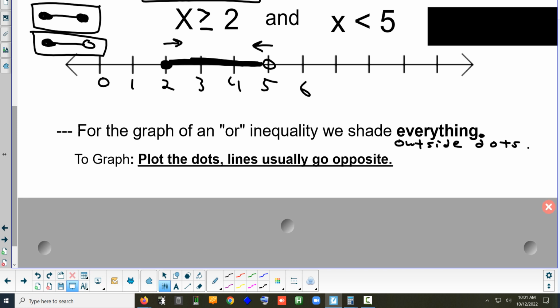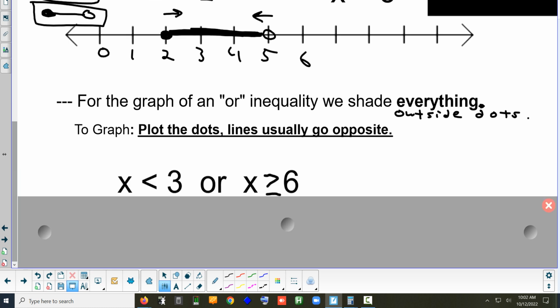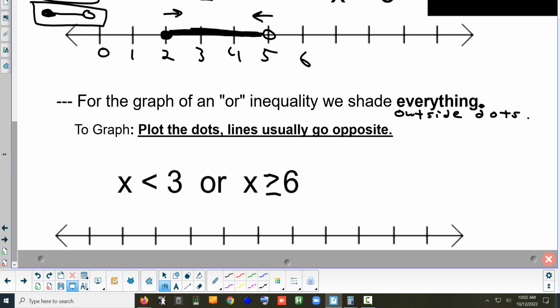And when you shade what's outside the dots, usually one ends up shading to the left, and the other dot you end up shading to the right. So you end up shading in opposite directions. And we'll try an example of that.